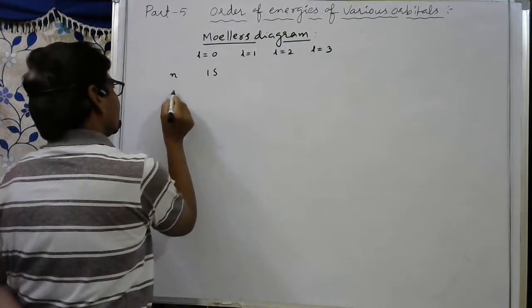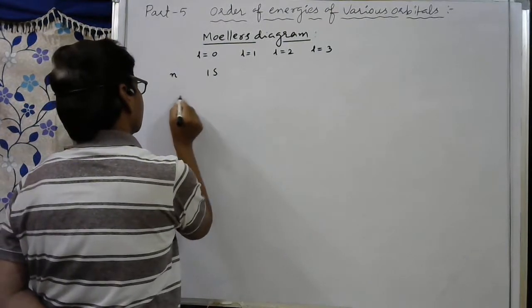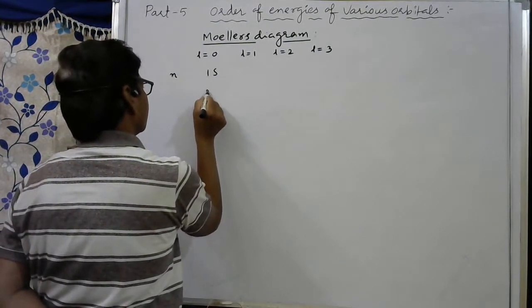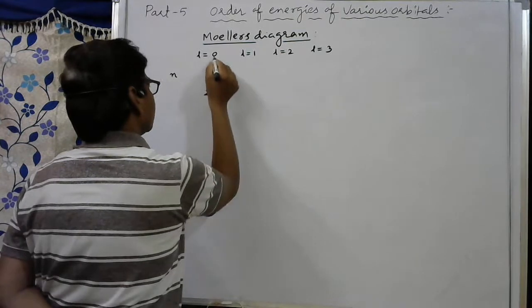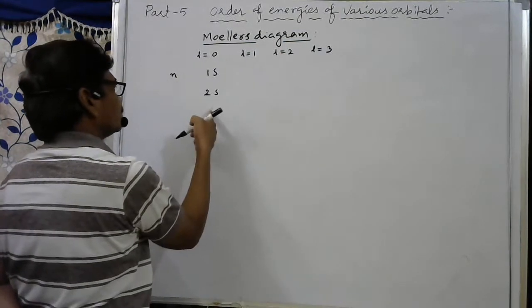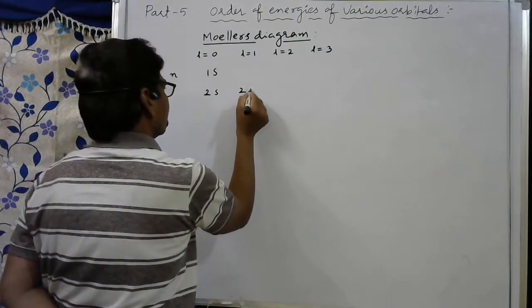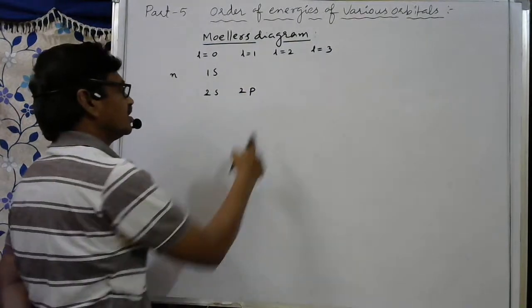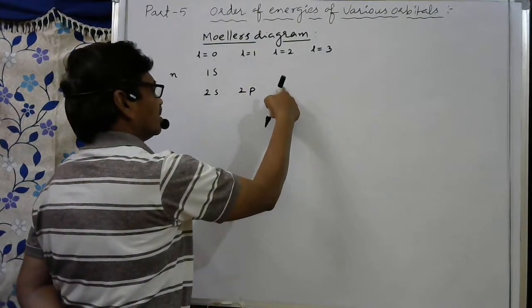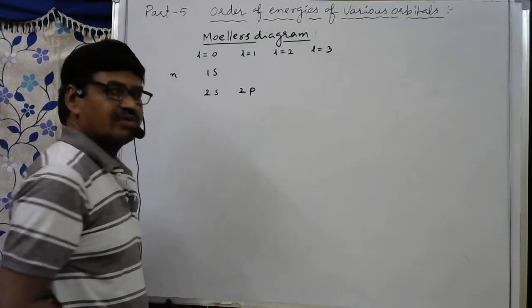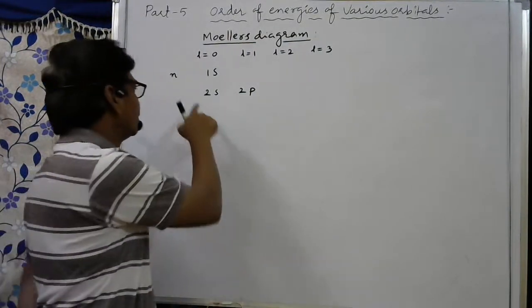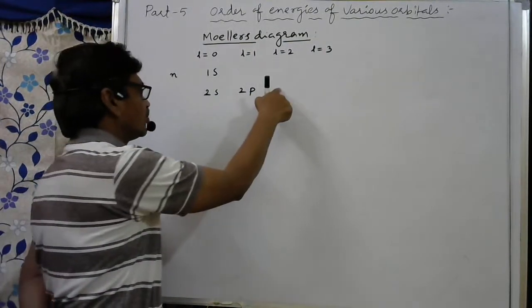See here, n value 1 gives 1s. Here n value is 2: we have the 2s orbital when l equals 0 and the 2p orbital when l equals 1. Here l equals 2 means d orbital, but the d orbital is not present in the second shell, so I am not writing anything.